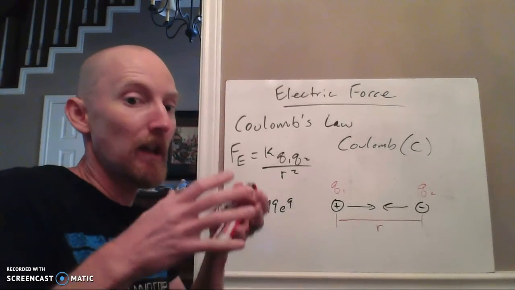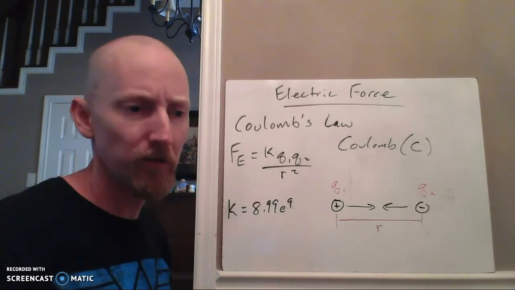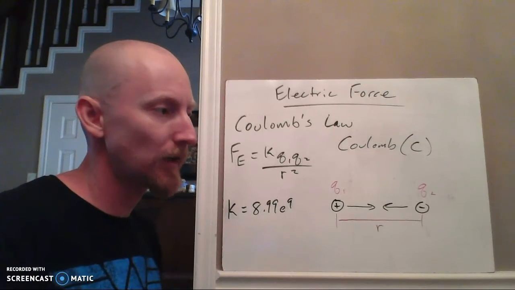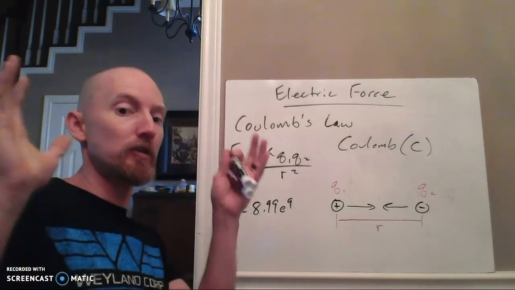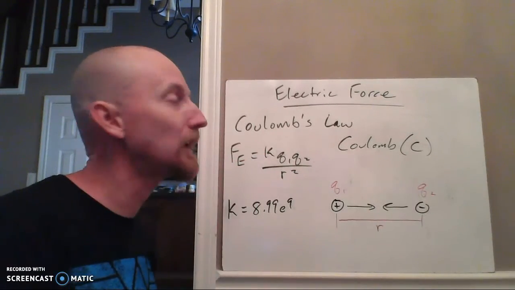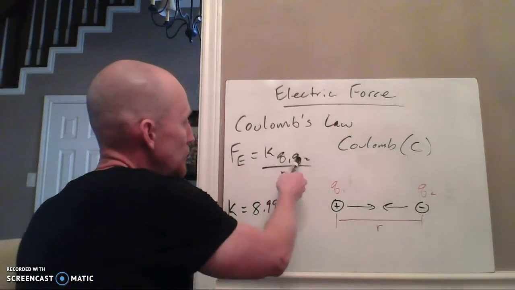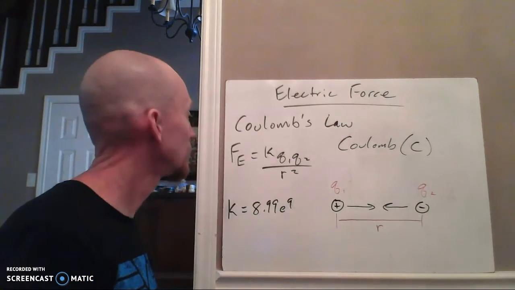So something can have a lot of charge or a little bit of charge, and it's a lot like moles. It's a very ambiguous type of thing. Just know that everything can be charged, and they'll have a lot of coulombs, or they'll not have much charge, just a little bit. So Q are your two charges, and that's measured usually in coulombs.